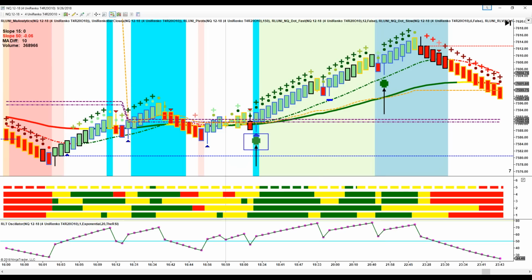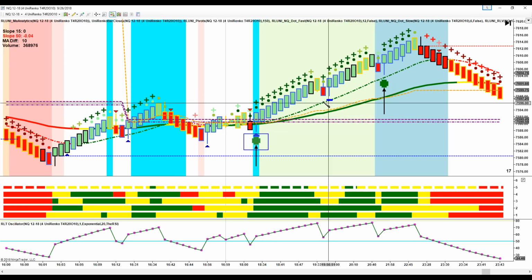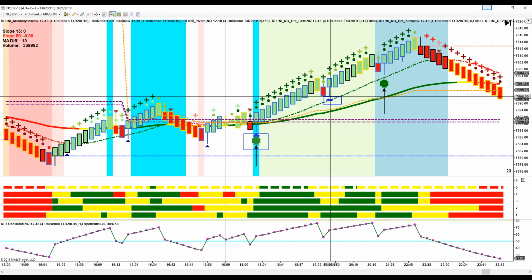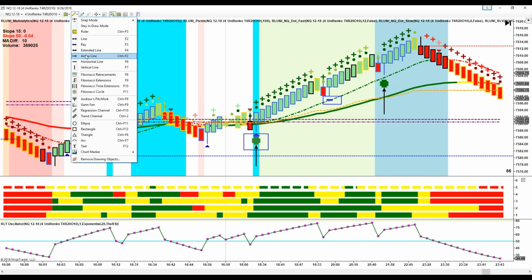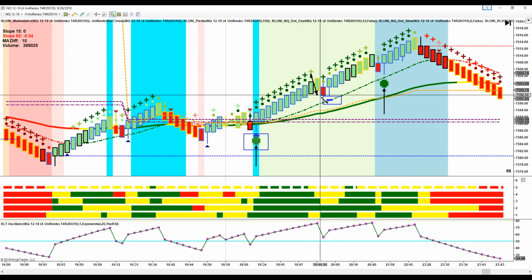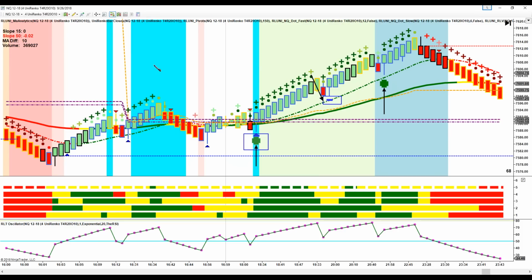The other entry besides the oscillator triangle is this entry. It's called our continuation signal. Now I'm going to show you the inside of this signal. This is a multi-time frame signal that looks at price action and market structure on this pullback candle and gives you an assessment of the probability of continuation of the next up candle.